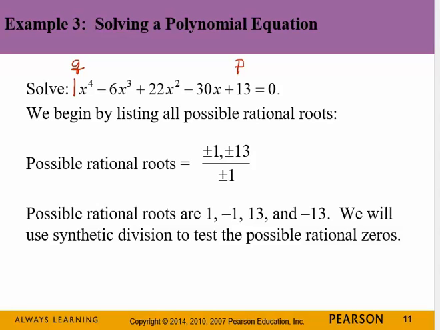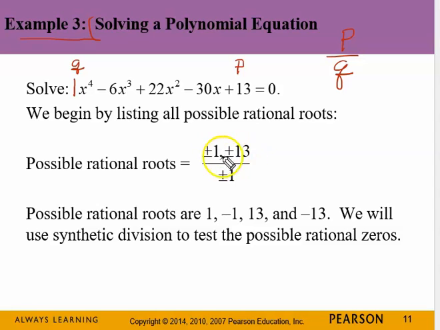So going into another example, example 3, our q value is 1, our p value is 13. So to use the rational zero theorem, p over q, our p values are 13, and the factors of 13 are 13 and 1.